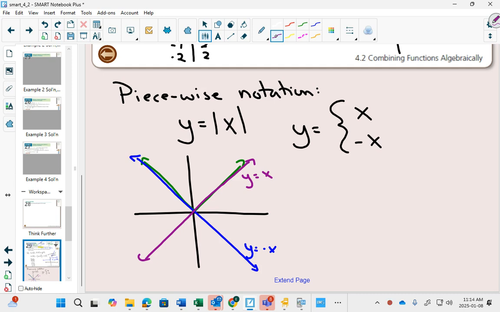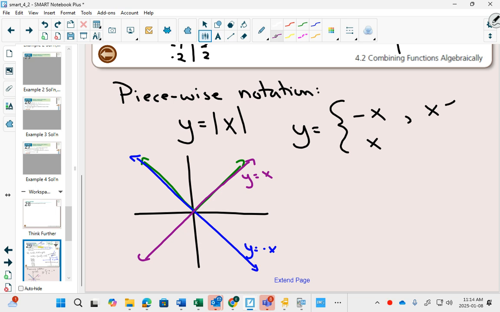So maybe I'll write them in that order. It doesn't matter. But if I wrote that graph first and this graph second, in a piecewise graph, you write the piece and you say the domain that you use that piece for. So we had the blue graph until we got to 0.